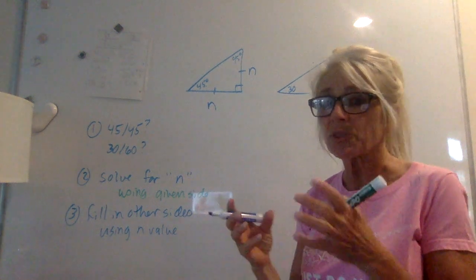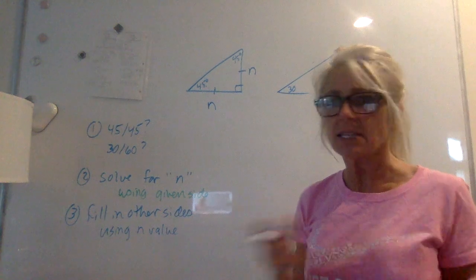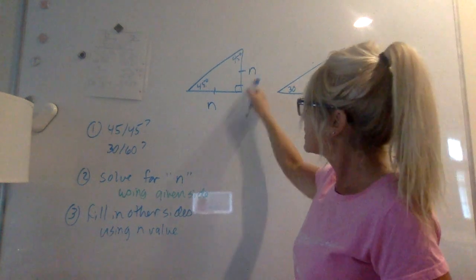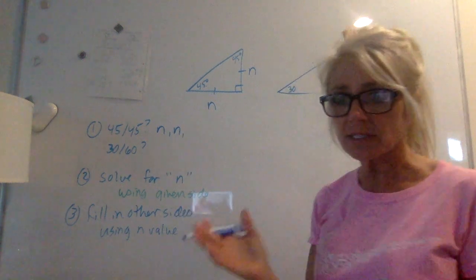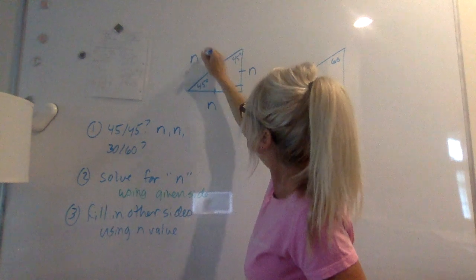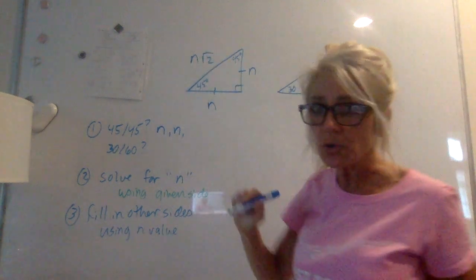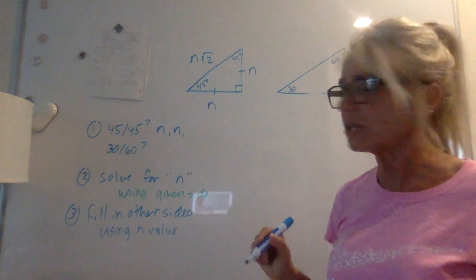I always label them with N's rather than X's because if the question has X's in it, then I get confused. So I use N for the 2 legs, which are the sides that come together at the 90. And then the hypotenuse is that number times the square root of 2. I always remember that goes on the hypotenuse because it's got the 2.